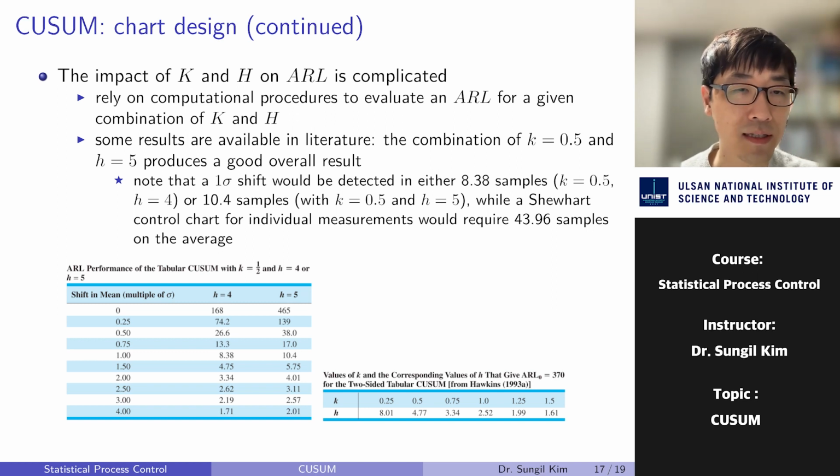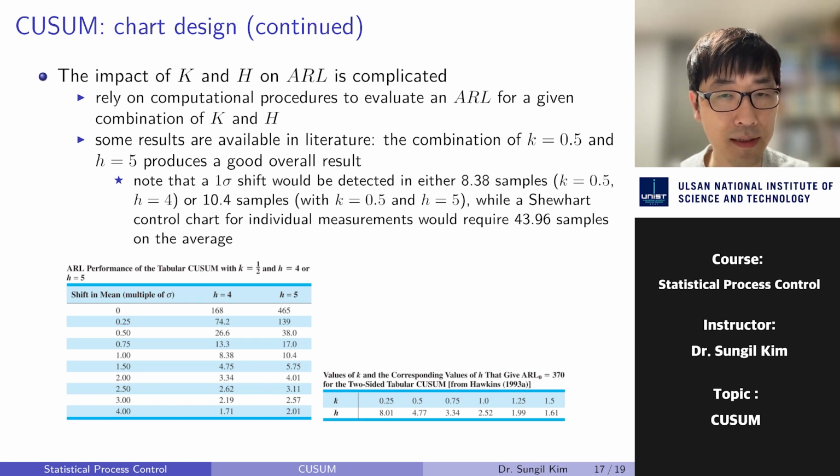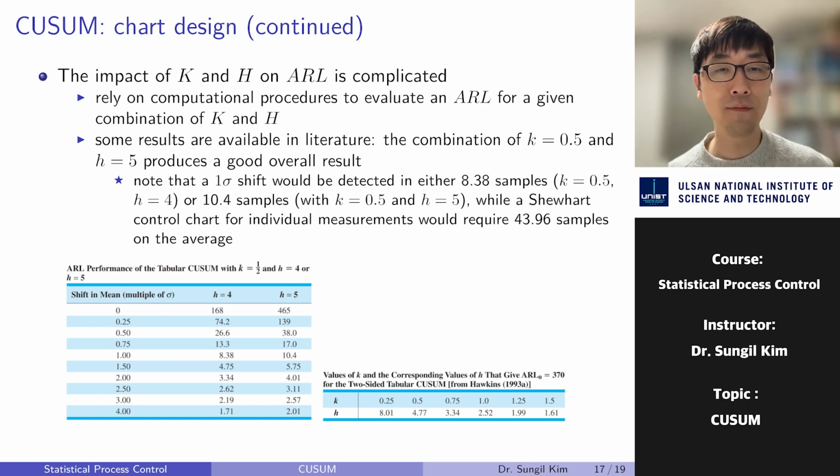Okay, some results are available in literature. The left table is ARL performance of the QSUM with K equal to 0.5 and H equal to 4. For example, the 1 sigma mean shift can be detected in 8.38 samples on average with K equal to 0.5 and H equal to 4.